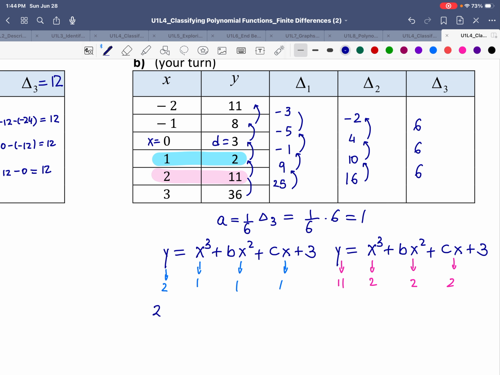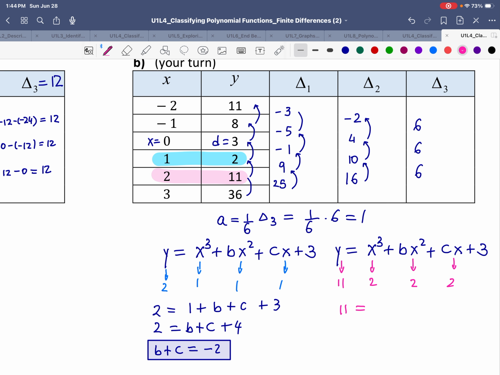So we have 2 equals 1 plus b plus c plus 3. And that will give b plus c plus 4 equals 2. So b plus c is equal to negative 2. Next, we have the second equation, which is 11 equals 2 to the power of 3 plus b times 2 to the power of 2 plus c times 2 plus 3.